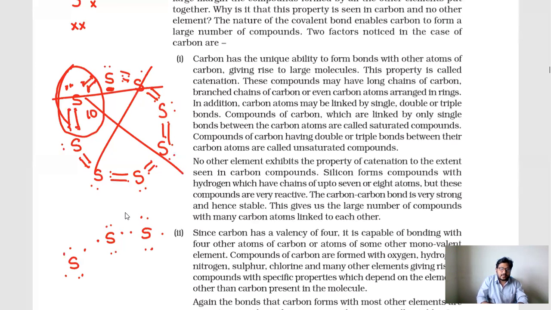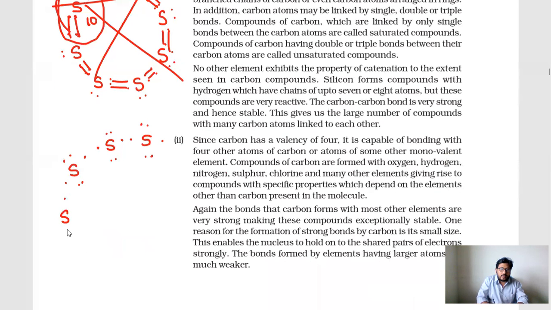So you can draw like this: sulfur with 1, 2, 3, 4, 5, 6. Now if you draw a circle for one sulfur, you can find 1, 2, 3, 4, 5, 6, 7, 8.